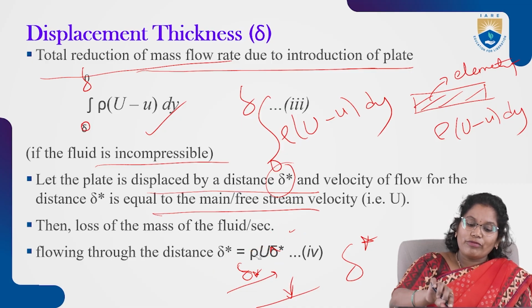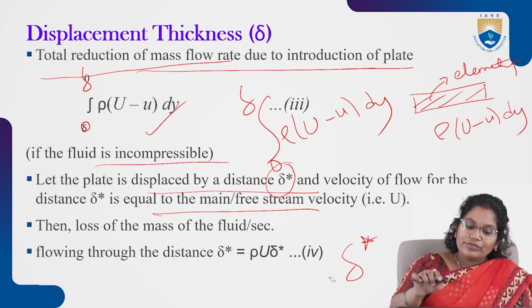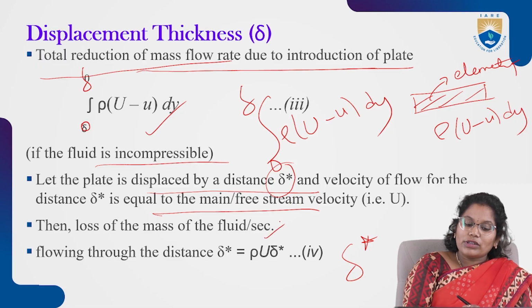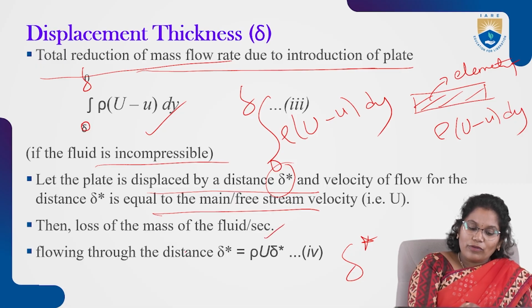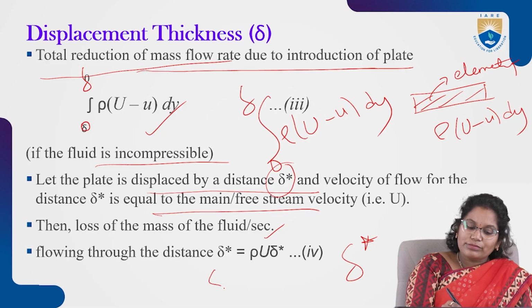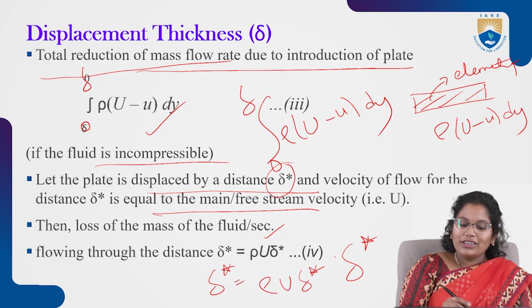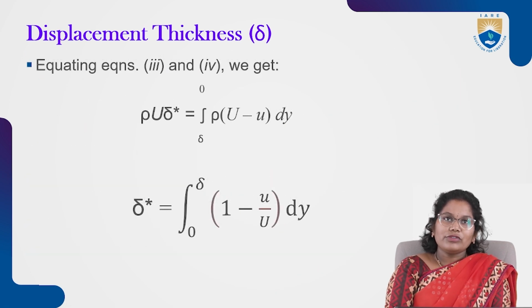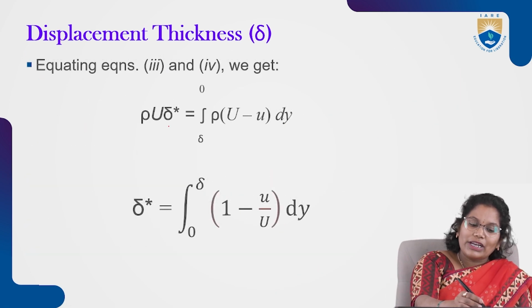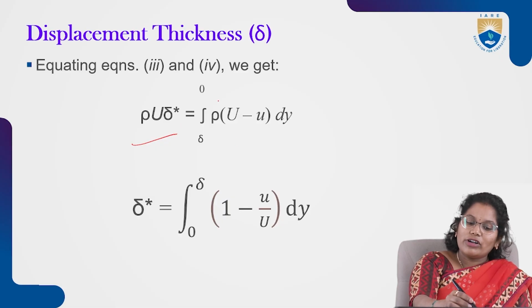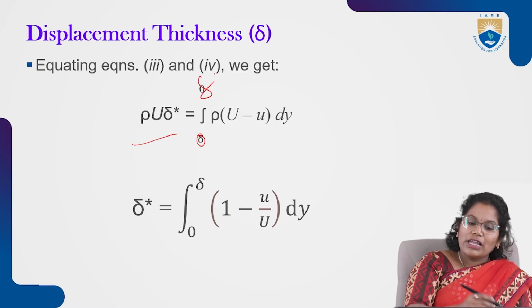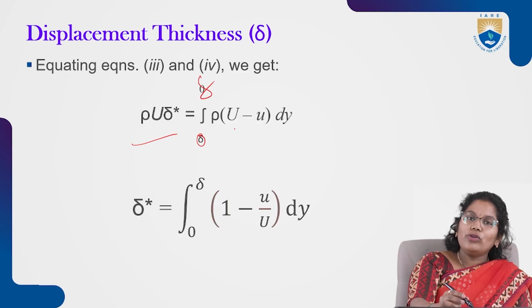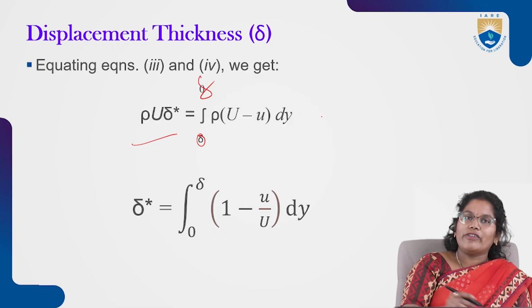So the loss of fluid flowing through this delta star is equal to rho U delta star. So rho U delta star is equal to the integration from 0 to delta of rho into U capital U minus small u into dy.